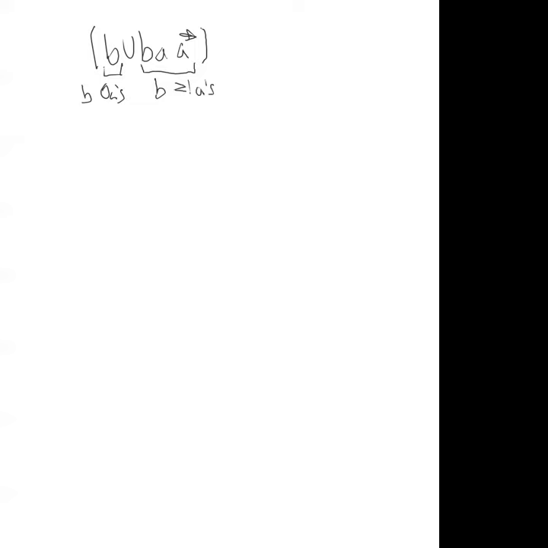And what we see here is that 0 and greater than or equal to 1, we can combine this. This entire phrase is B and greater than or equal to 0 A's. And greater than or equal to 0 A's is described by a star. So what we have here is B A star, and then I'll include the rest of the expression here. So this is what we've reduced down to.